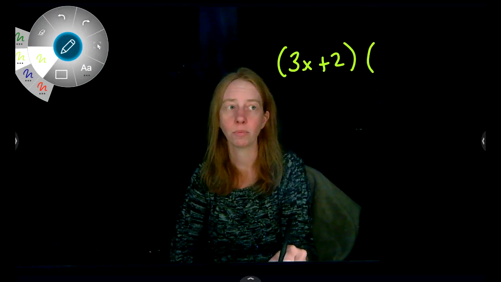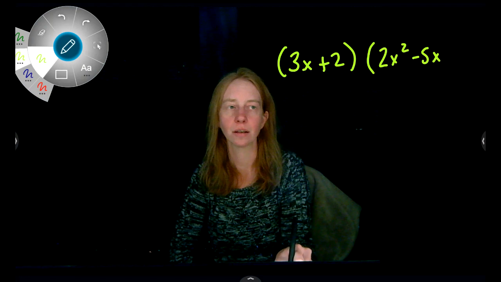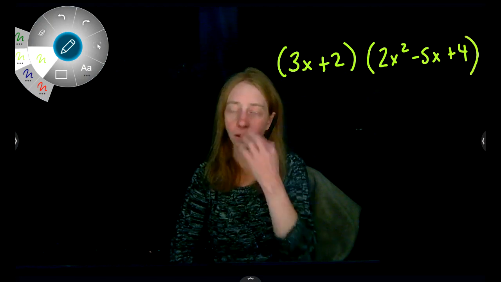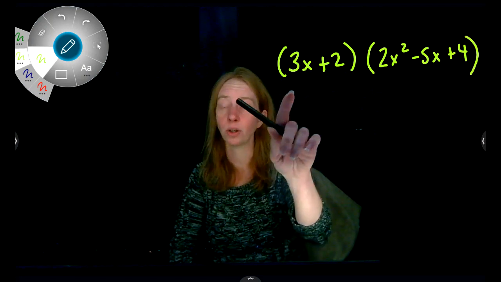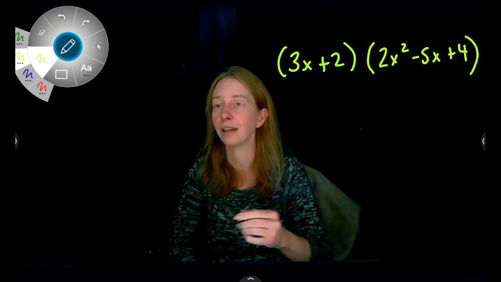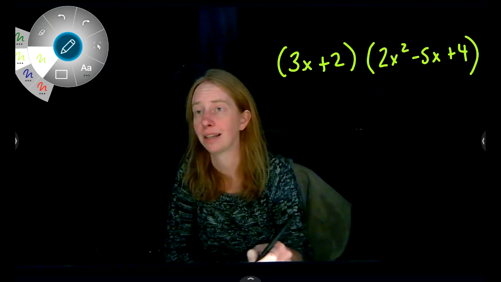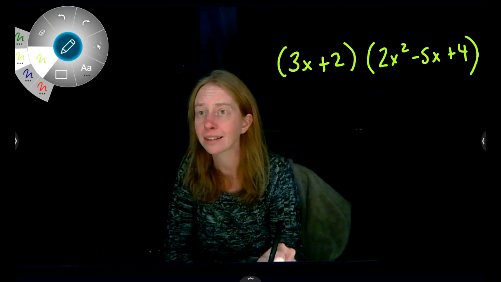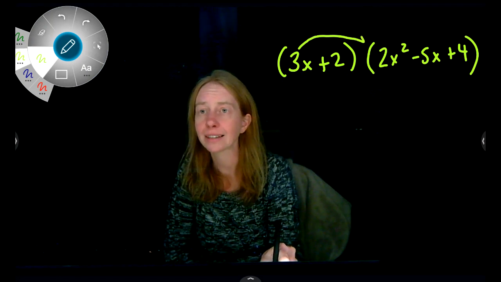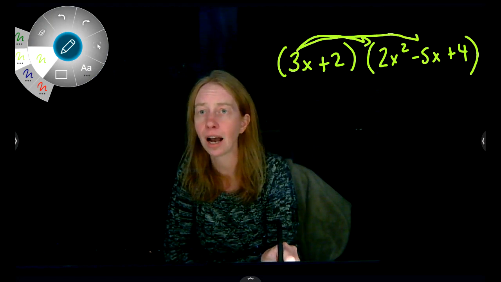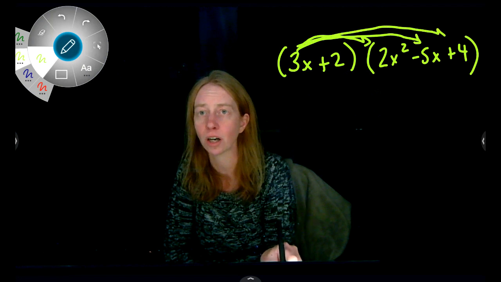That's a binomial. 2x squared minus 5x plus 4. That's a trinomial. Binomial has 2, trinomial has 3. We're going to do basically the same process. We're going to take the 3x, and we want to multiply that 3x times everything on the inside. So that's what I'm going to start with.